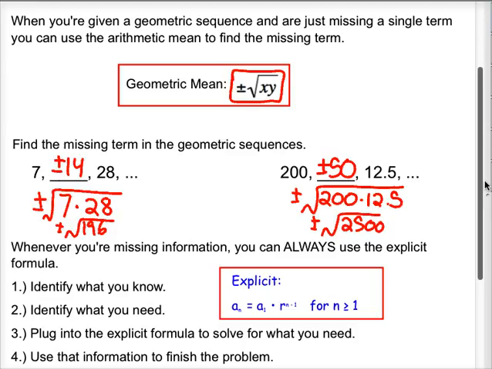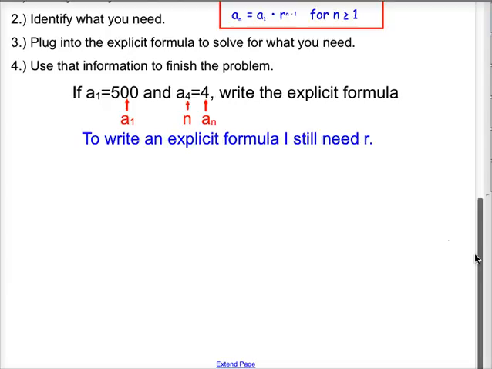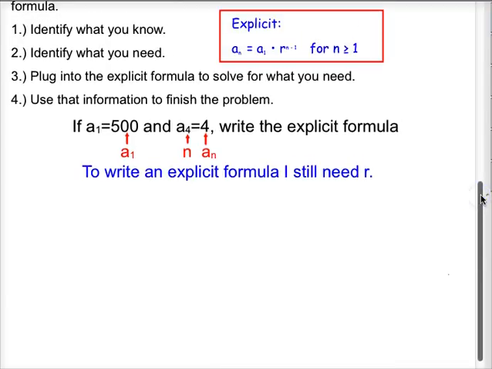Well, what if I'm just given any two terms and I'm asked to find the explicit formula? Well, this is actually exactly the same strategy as when I taught you how to do this arithmetically. The first thing you want to do is always figure out, what do I know? Well, in this case, I know my first term, I know a future term, and I know the n value of that future term.